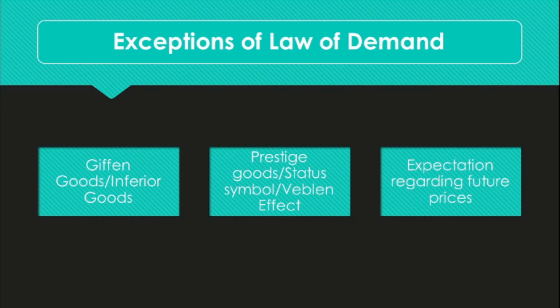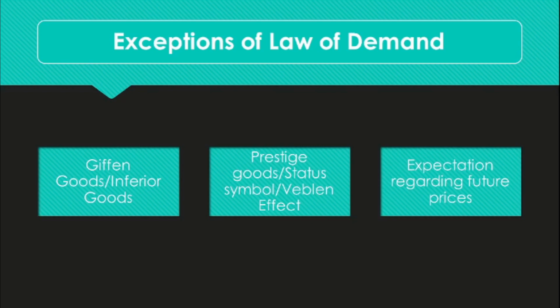The extreme opposite is prestige or status goods. What happens in this case? There are certain goods which people buy to show off their status, and these products become status symbols, such as gem-studded jewelry, very high-end luxury cars, and products like that.